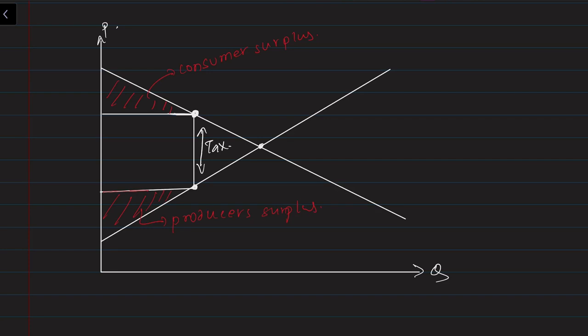Now what is this bigger rectangle? Okay, let me highlight this with a different color. Now what is this bigger rectangle? So this is tax revenue. What is tax revenue? The tax revenue is nothing but tax times quantity.